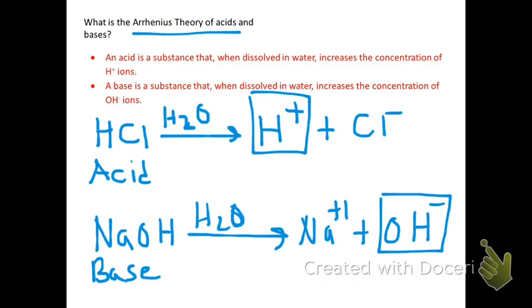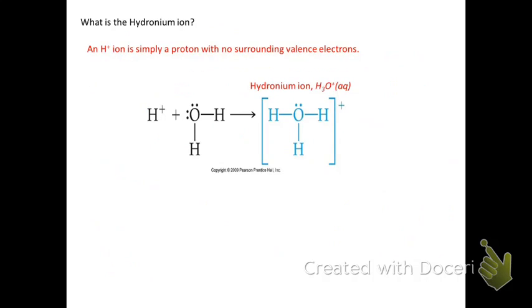The one thing to make note of is that an H plus ion is simply a proton, as you'll see in our next slide. Before we move into the modern theory of acids and bases, we need to talk about the hydronium ion. It is very, very important that you know the formula for it and how the hydronium ion is made.